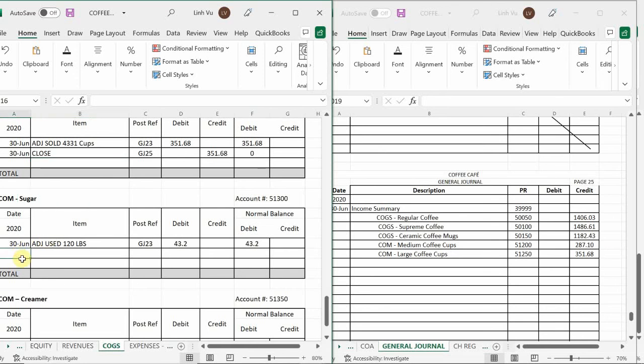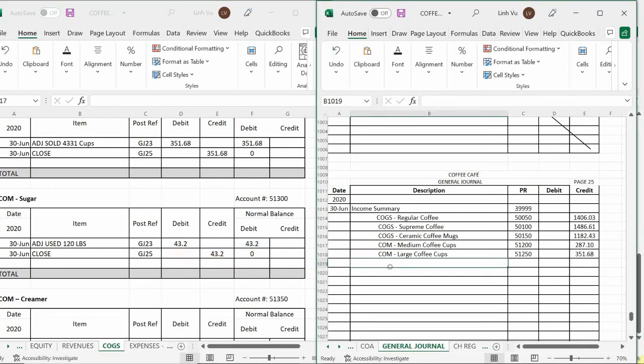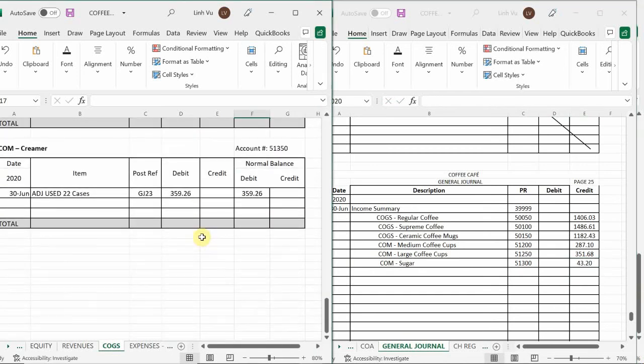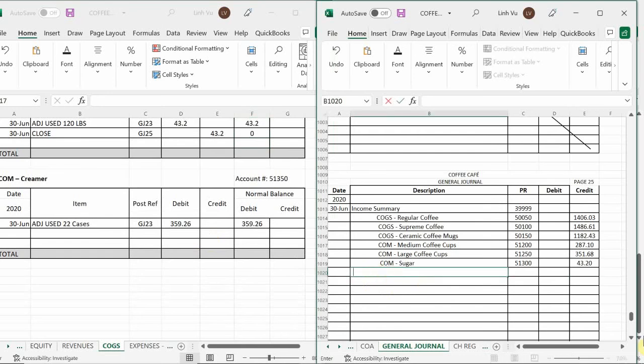We have our sugar. Right, for the $43.20. Sorry, I worked a little backwards here. So, cost of materials for sugar. Okay. For $43.20. Okay. Last but not least, I got the cost of materials for the creamer.